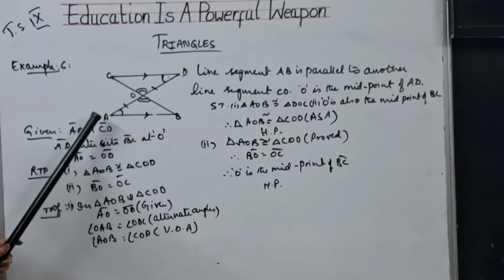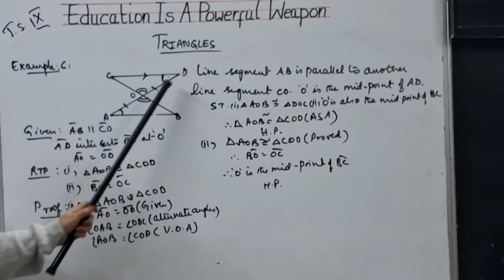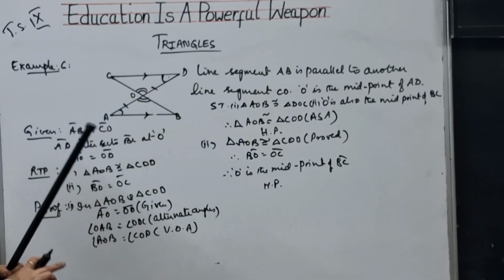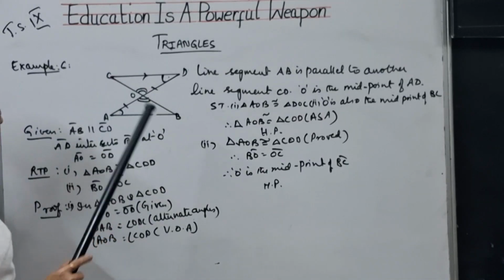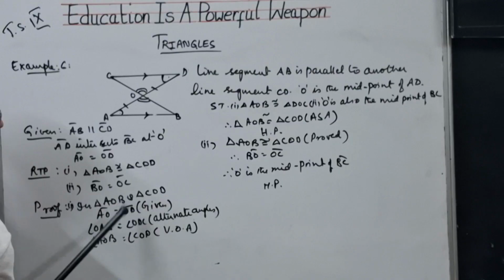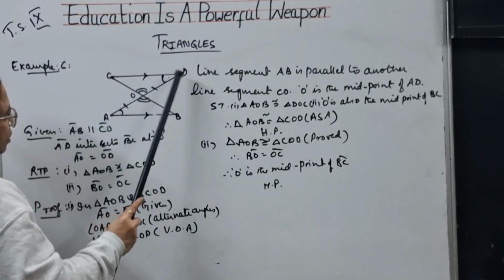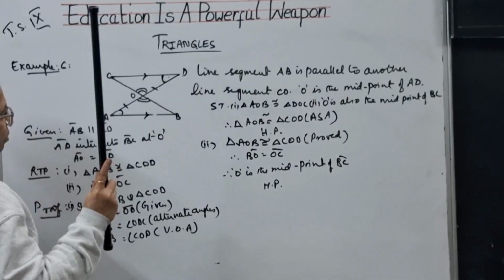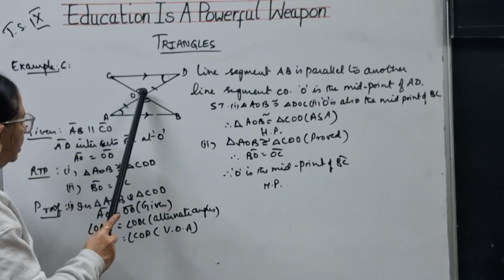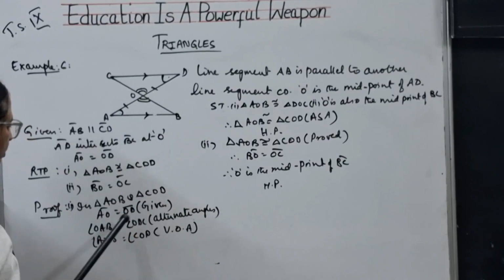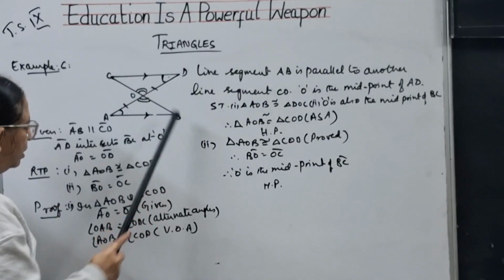So, say children once again. In these two triangles, they said AB is parallel to CD, they have given. And O is the midpoint of AD, they have given. You need to prove that triangle AOB is congruent to triangle COD. So first I have taken these two triangles, in which AO is equal to OD. Angle A is equal to angle D, alternate angles they are.